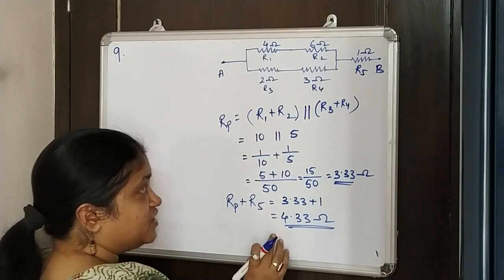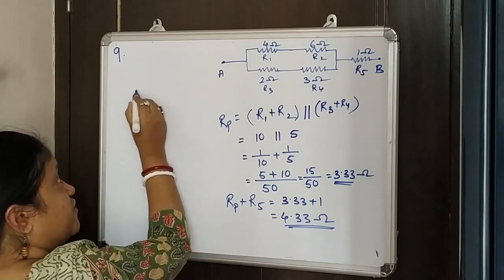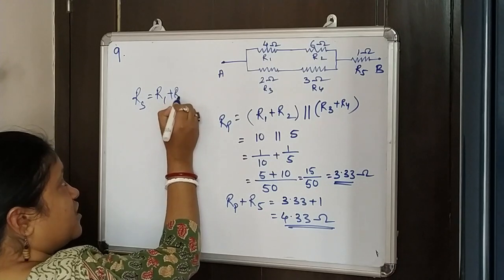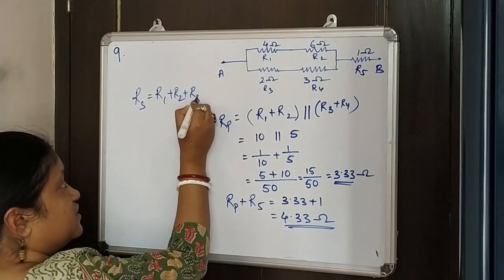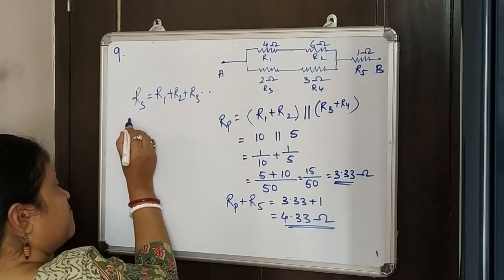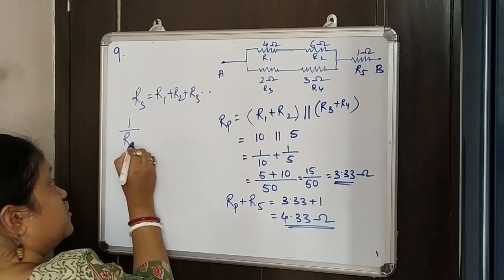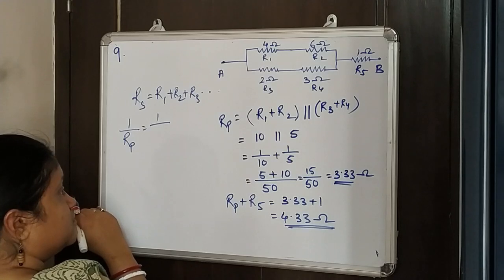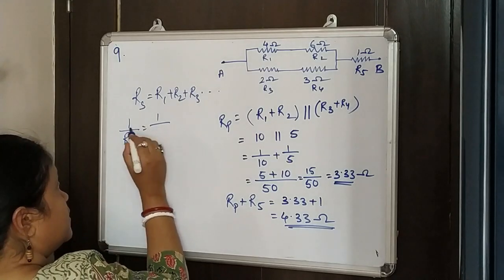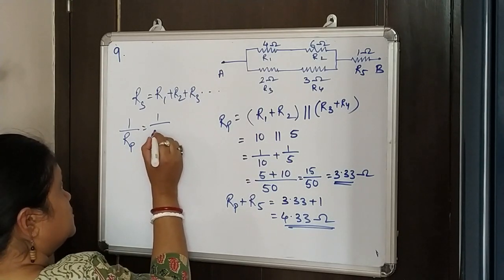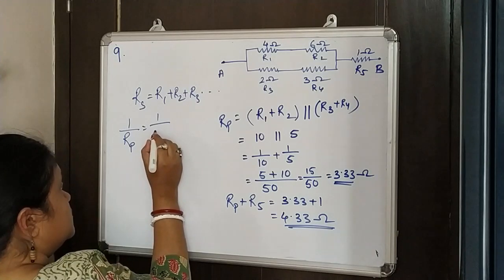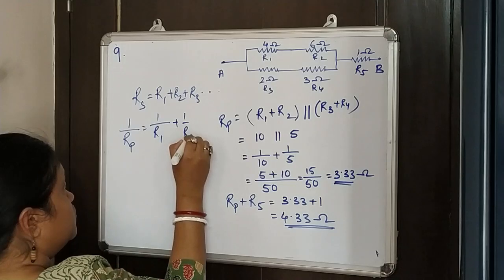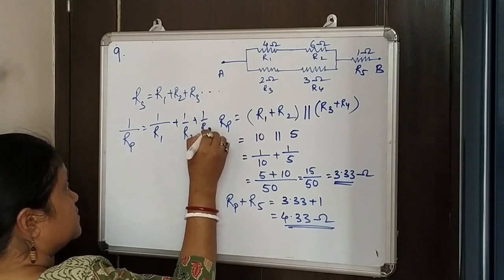Now here we are all using, as you know, when we have series combination, it is R1 plus R2 plus R3 dot dot dot, and when we have parallel combination, we know that 1 by parallel combination is 1 by Rp, which is 1 by R1 plus 1 by R2 plus 1 by R3.